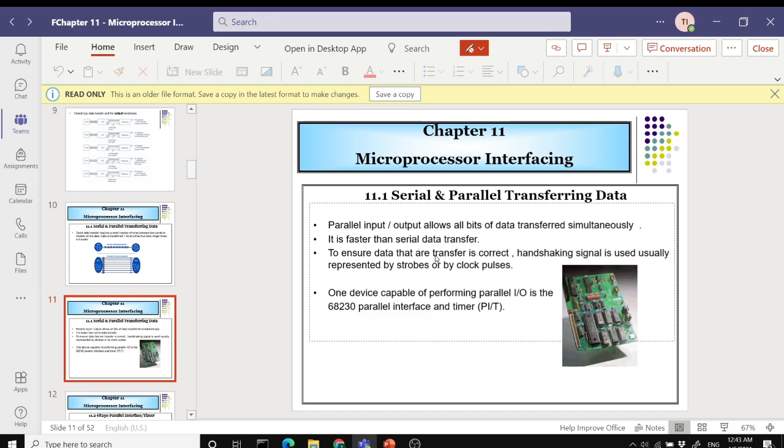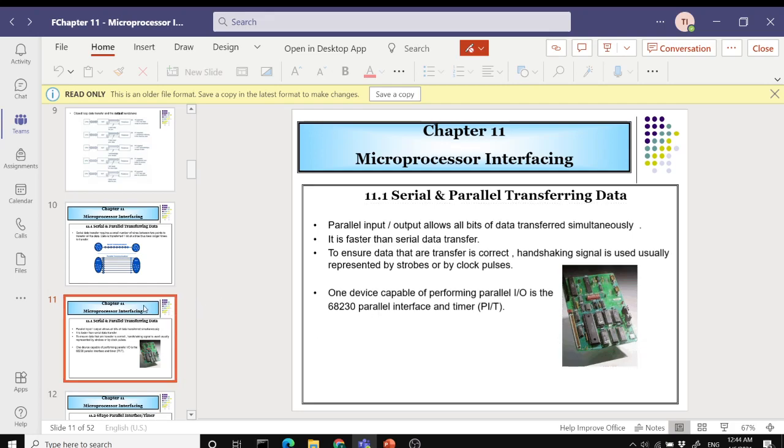Just bear in mind that we are talking about 68K. In 68K, transferring data using parallel communication is still faster. So one device that we use to interface with the 68K in order for us to perform this parallel communication is called the 68230 PIT, or 68230 parallel interface and timer.